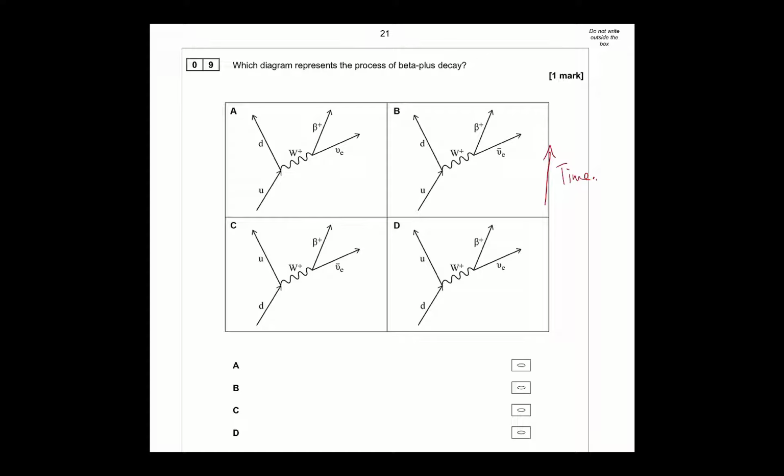So beta plus decay, you definitely have an up to a down, okay, because we have up, up, down becoming up, down, down, so proton to a neutron. And we have to have an electron neutrino because this is an antiparticle, so it has to be A.